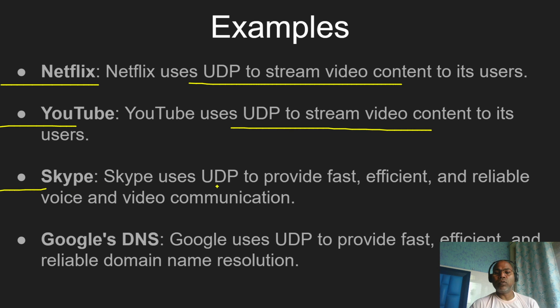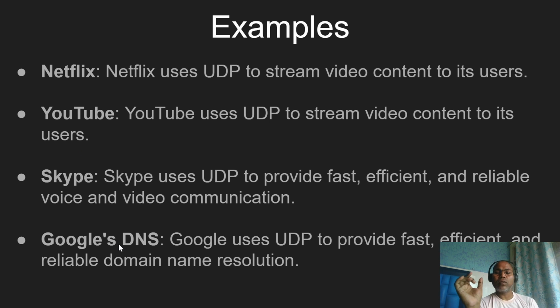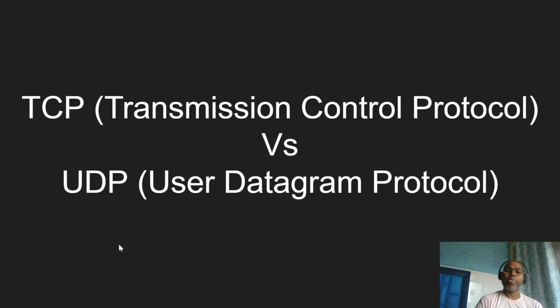Skype also uses UDP to provide fast, efficient voice and video communication. Google DNS also uses UDP to provide fast, efficient DNS services. So where a very fast, very efficient response is required, UDP is the best-fit protocol.